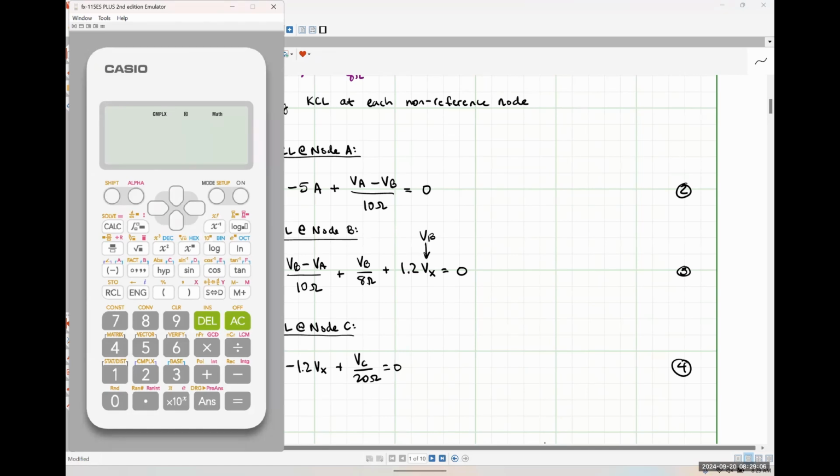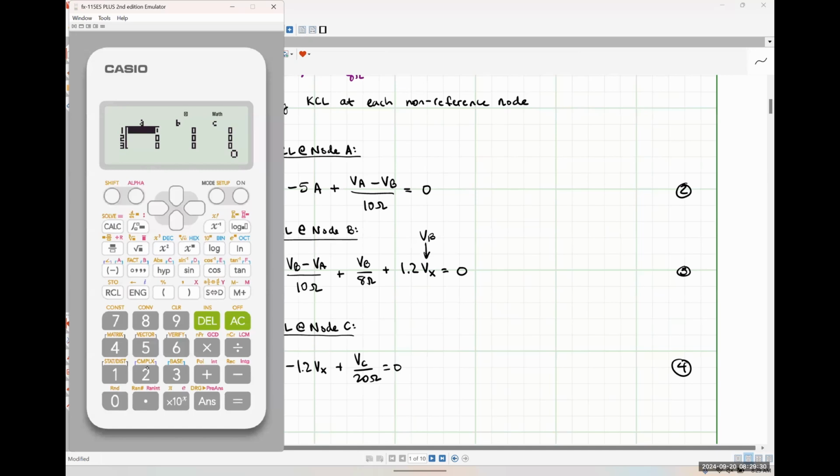All right, so for these Casios, the first thing I need to do is get it into my equation solving mode. So I just press the mode button and now I hit option 5 for equations. This is going to be a 3 equation, 3 unknown system. So I'm going to press option 2. And now I'm just going to put stuff in.